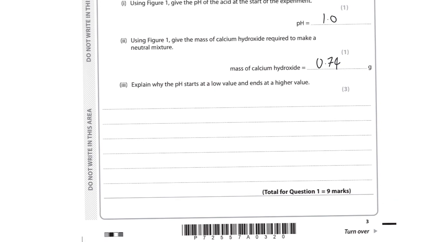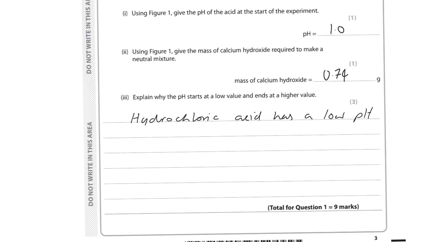So hydrochloric acid has a low pH, lots of hydrogen ions.